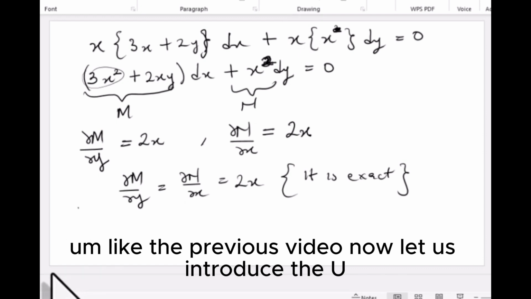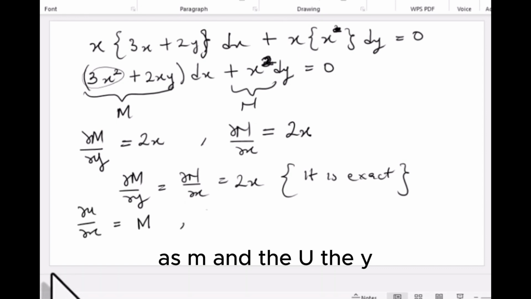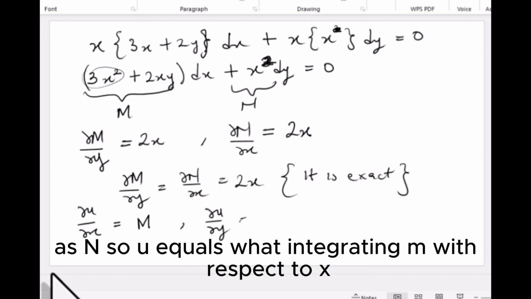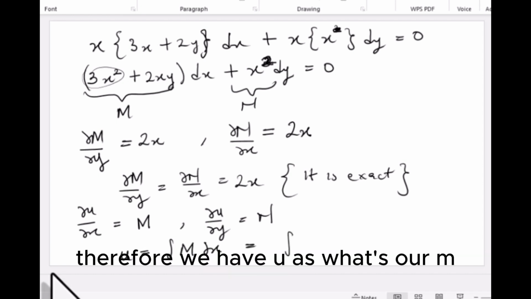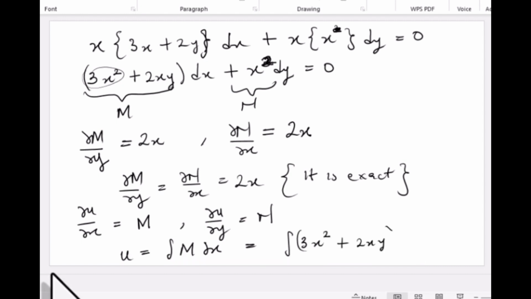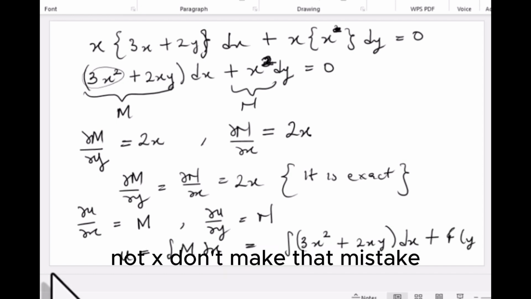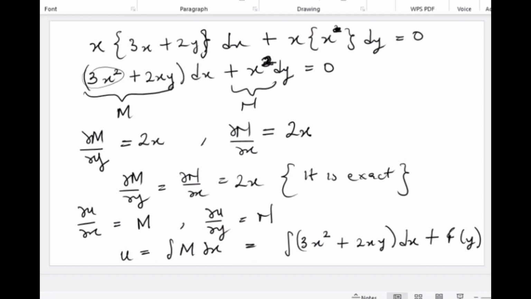Now let us introduce du/dx as M and du/dy as N. So u equals what? Integrating M with respect to x. Therefore, we have u as, what's our M? M will be 3x squared plus 2xy, then dx. Then don't forget to add the constant, which is a function of y, not x. Don't make that mistake.